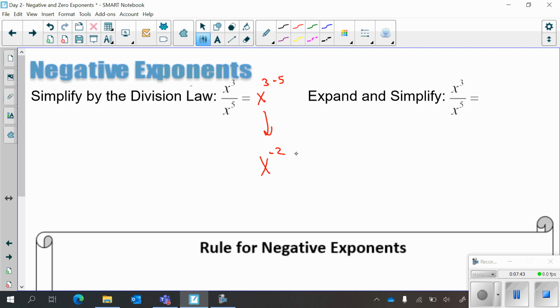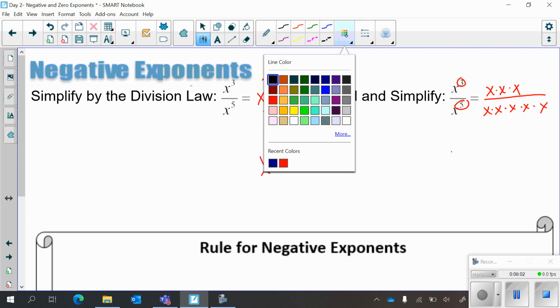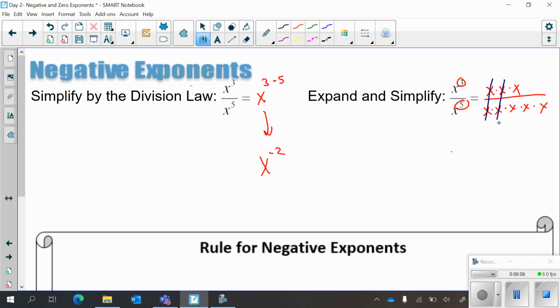Now, if we were to expand and simplify, this is 3 x's, so we have x times x times x, and then in the denominator, we have x times x times x times x times x. We know that we can cross things out if they're in the numerator and the denominator. So these cross out, these cross out, these cross out, and you're left with a 1 up top.